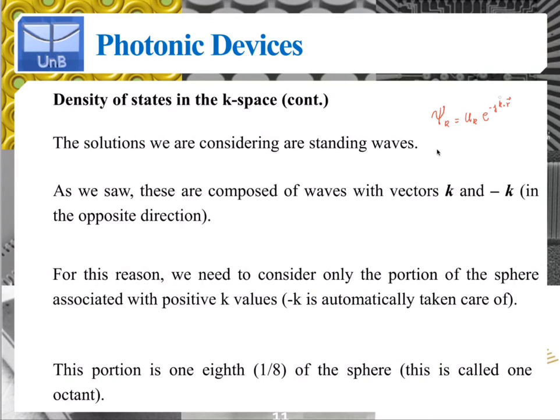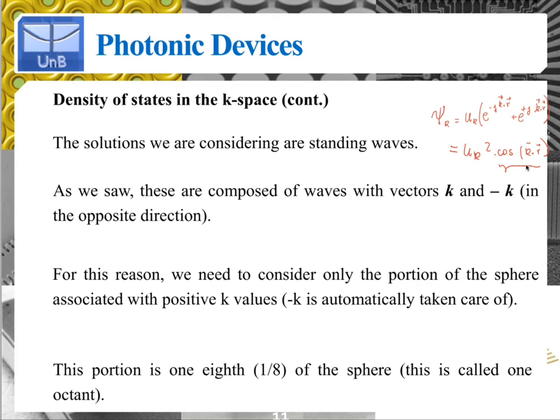But we argued that for each wave propagating in the forward direction, there was going to be a wave propagating in the reverse direction, minus k, so that it could be written like this: e to the power of positive j times k dot r. And if you use Euler's identity, this would give us the following: uk times 2 cosine of k dot r, okay, which corresponds to a standing wave.